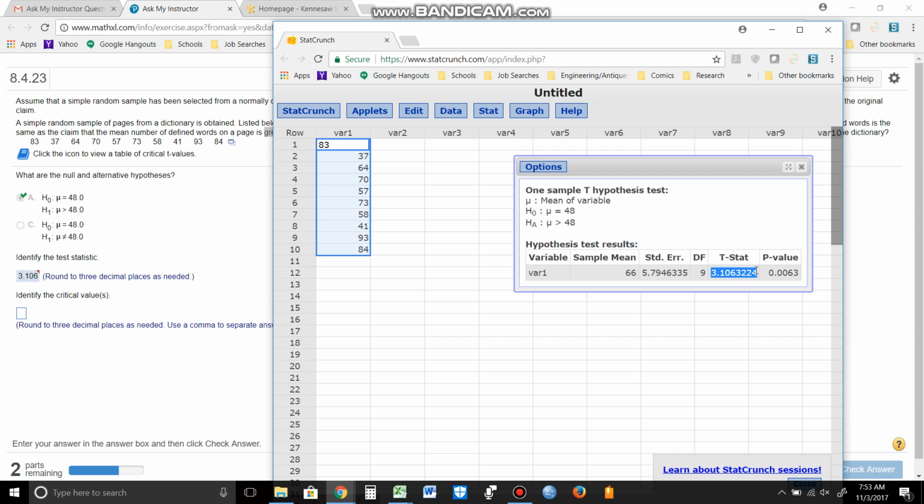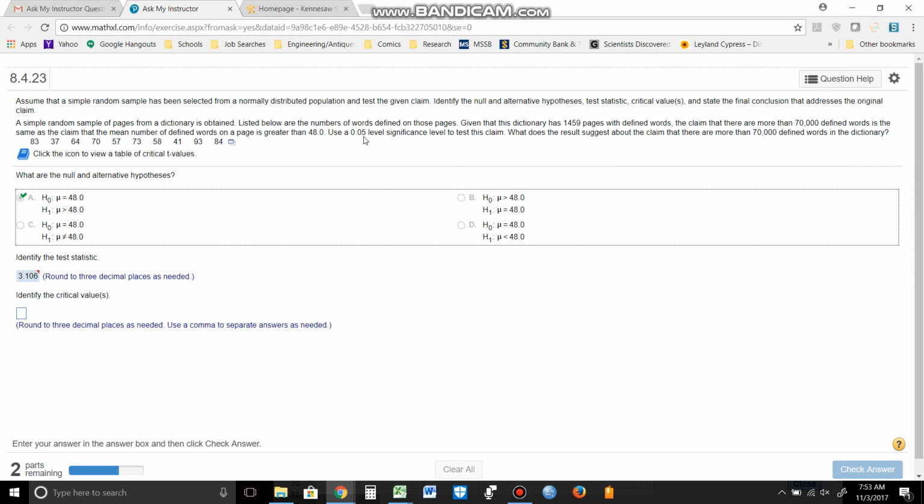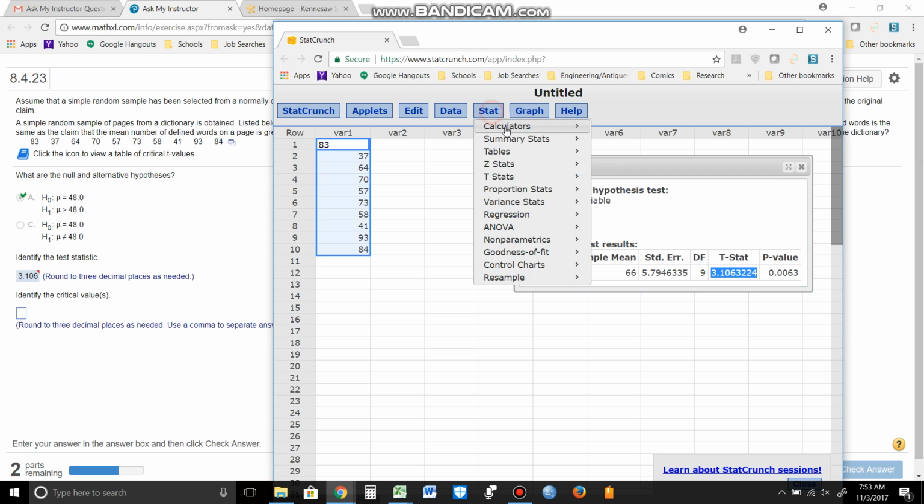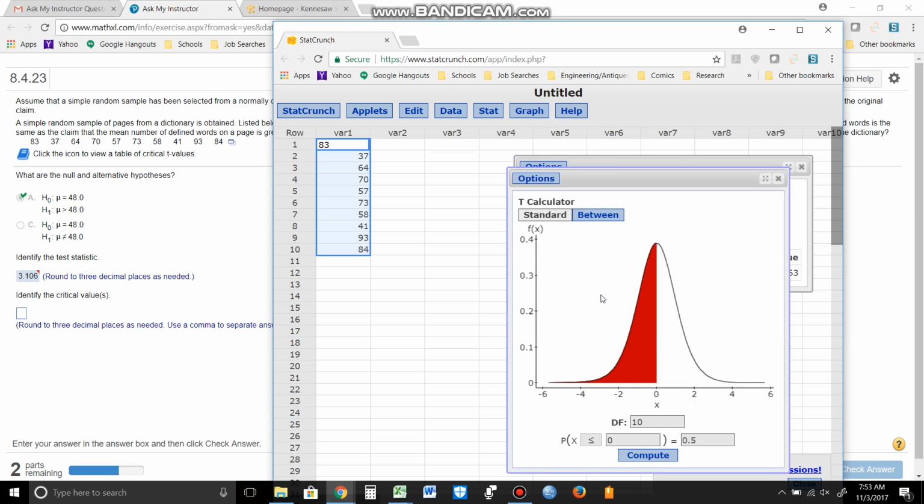So there is the test stat right there. Notice the p-value is 0.063. We're probably going to need that later. Now they want me to find the critical values. Well, they tell me the alpha is 0.05, and we know it's a one-tail test. So let's go back to StatCrunch, go to Stat, Calculators, and t-distribution, because we've already established that this is going to be a t-type test.